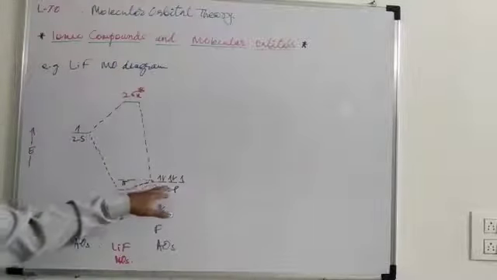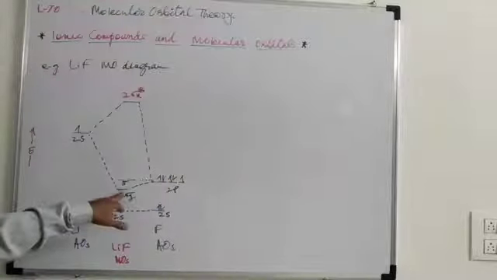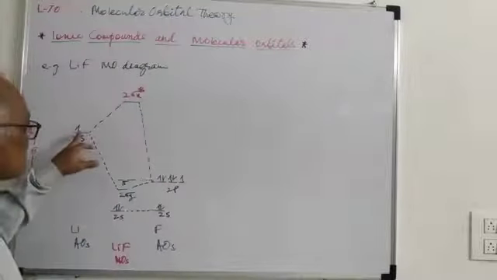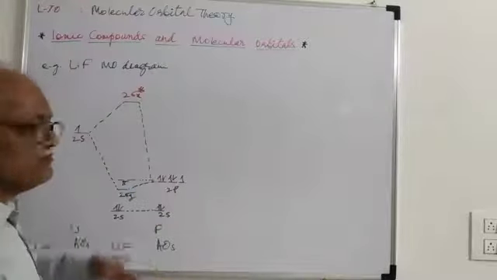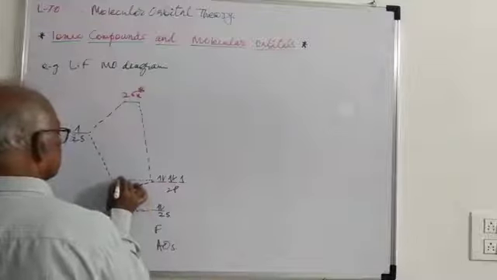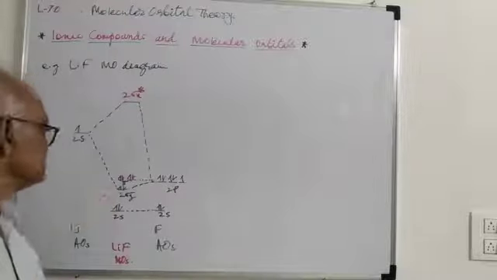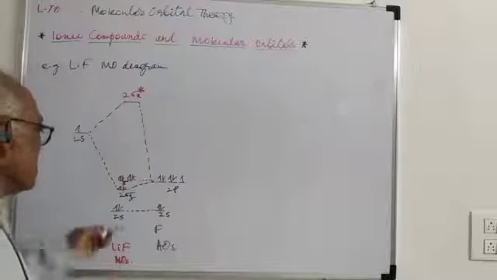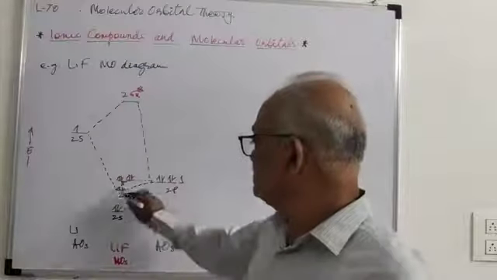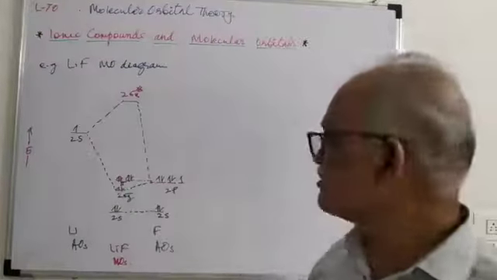Therefore, the pi molecular orbitals, that is px and py, will remain non-bonding. Only the sigma molecular orbital is bonding in nature. Now if we distribute the electrons, 1 from lithium and 5 from fluorine, so totally 6 electrons are there. These are distributed in this way. There is only one bond pair in this molecular orbital diagram of lithium fluoride, and these are non-bonding electron pairs.